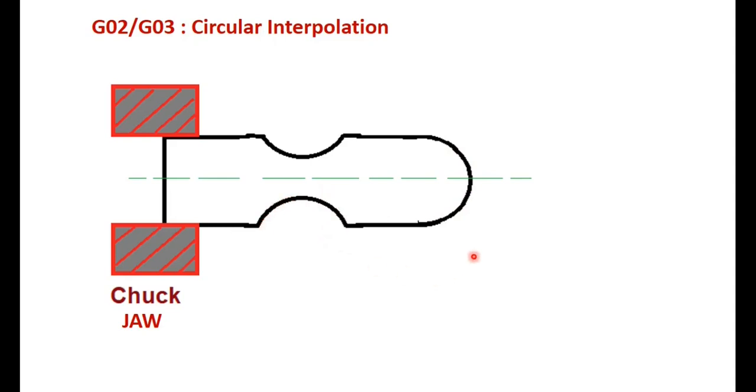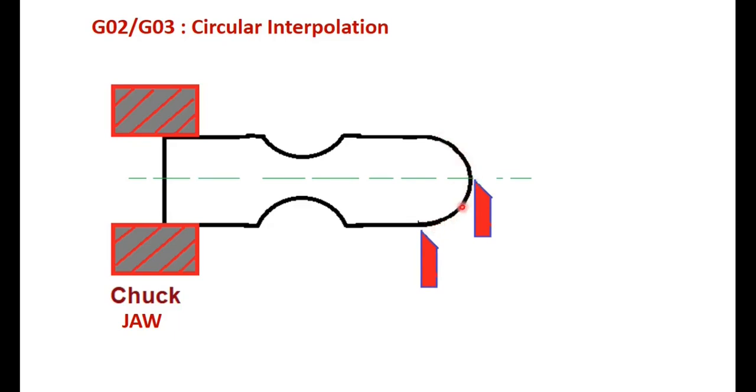I'll just show you the tool path. First we have to make the tool come here. All of this is rotating diametrically, like this. What I have to do is move the tool along this path. If I move the tool along this circle, that is the arc, what will happen?